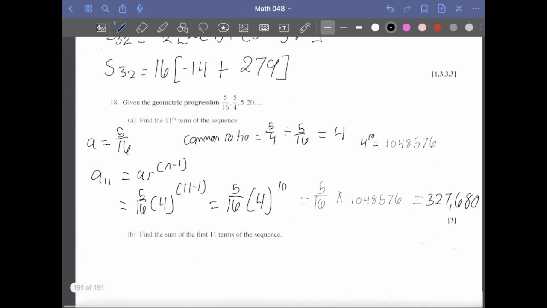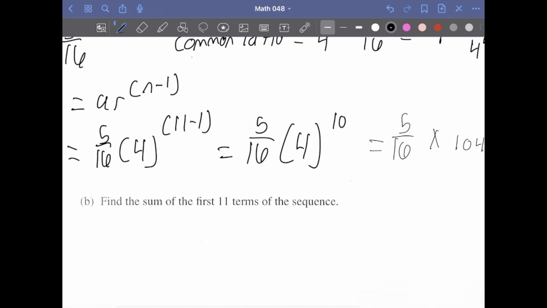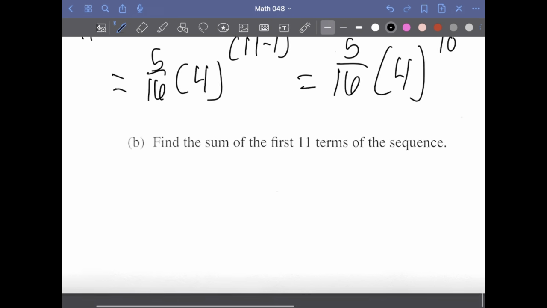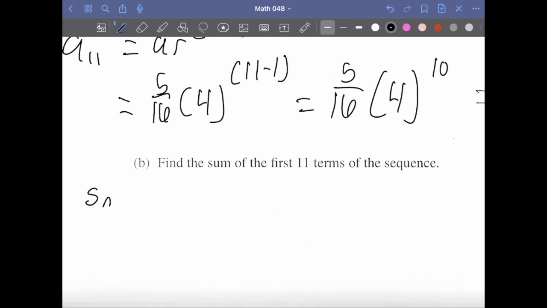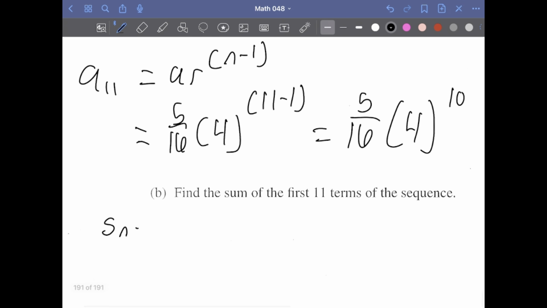Okay, so find the sum of the first 11 terms of the sequence. So we're going to use the formula Sn is equal to a r to the power n minus 1 divided by r minus 1.